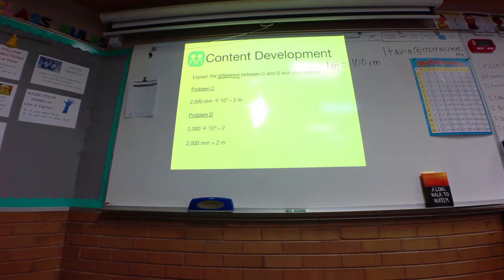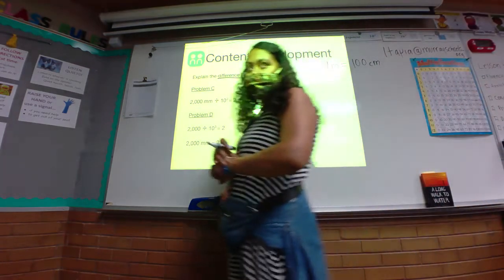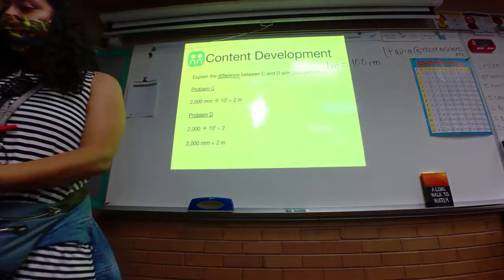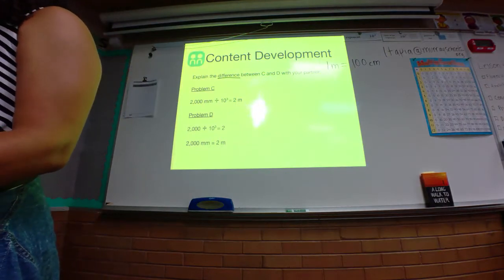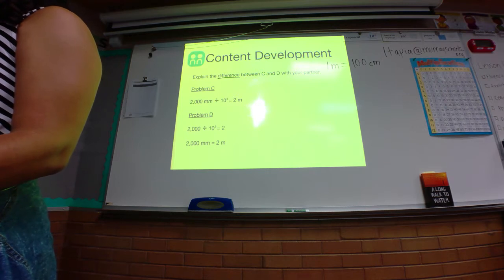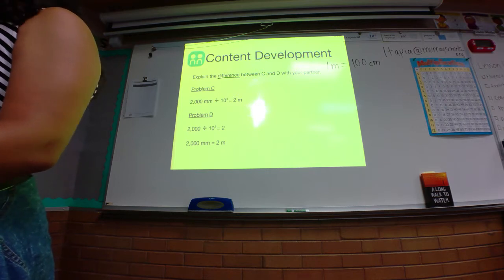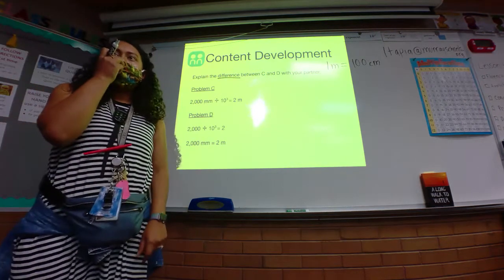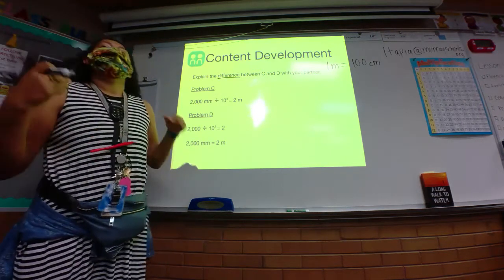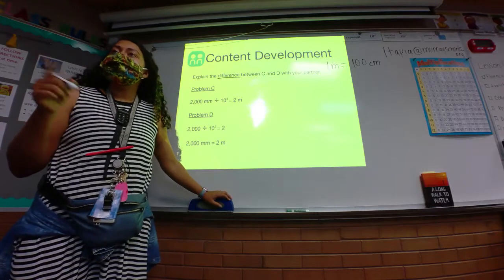So they use that information, but this one, I don't see how they made this jump right here. Okay, 5 seconds. Wrap up your thoughts. One is 2,000 millimeters divided by 1,000. Okay, wrap up your sentence, your thoughts.